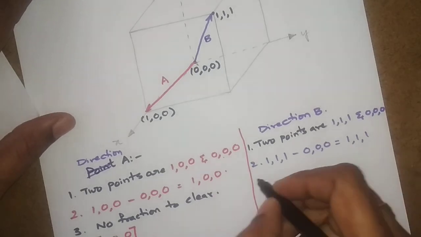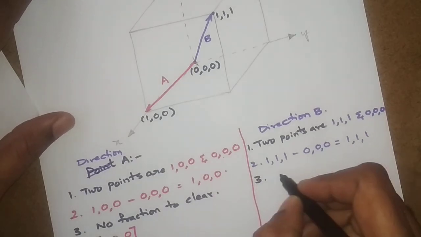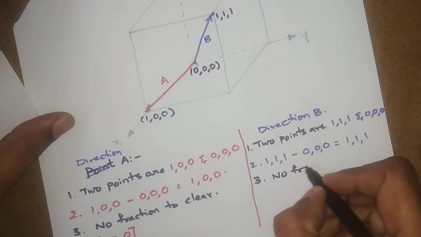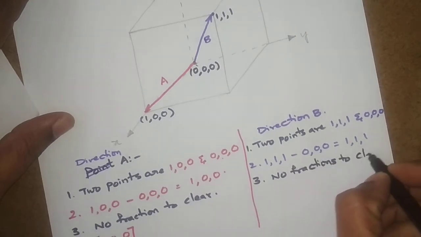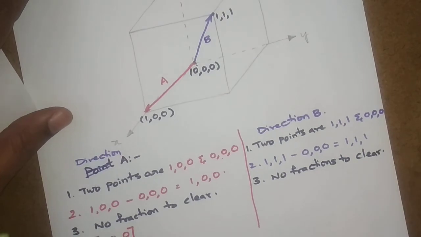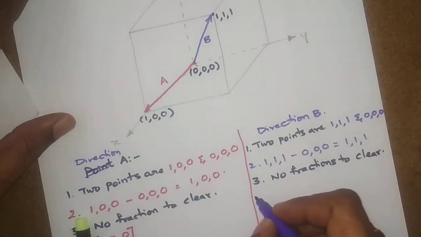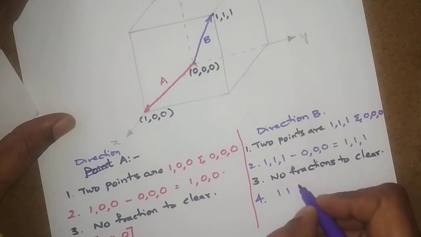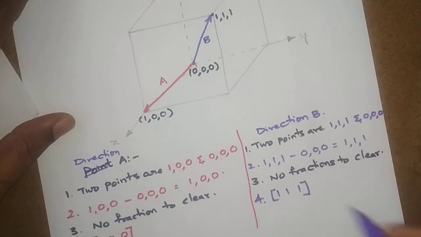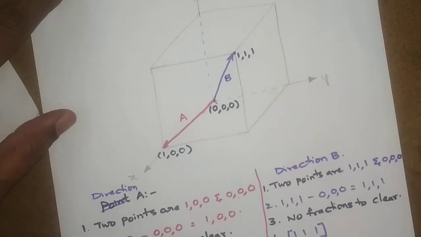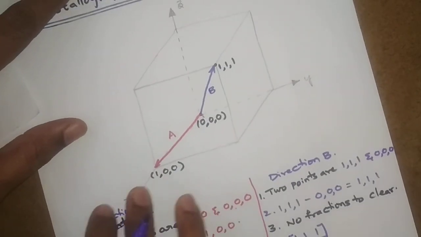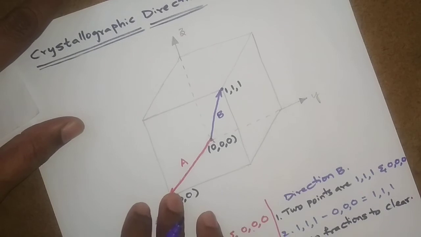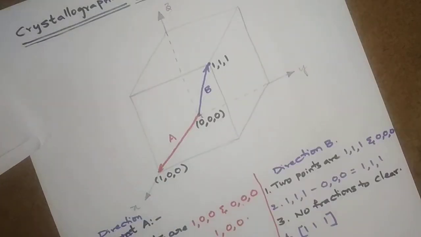Here also, like direction A, there are no fractions to clear. Then enclose them in a square bracket. So [1 1 1]. Now let us take another example.